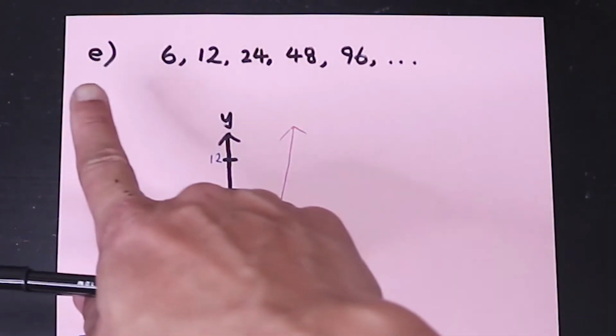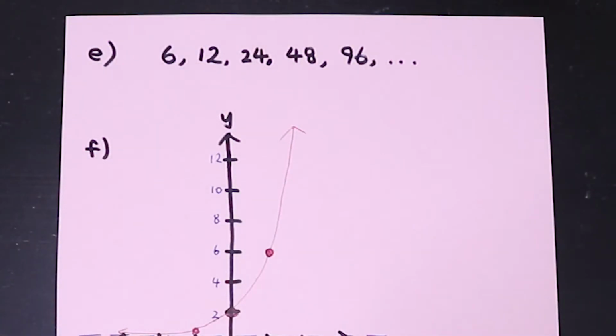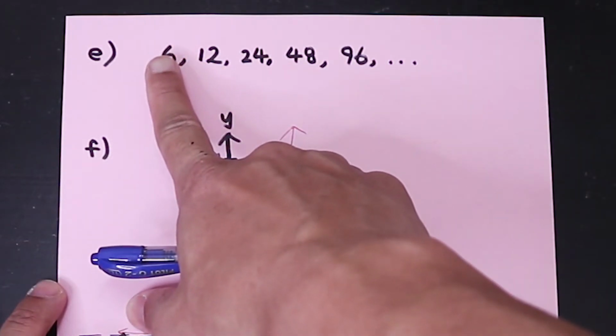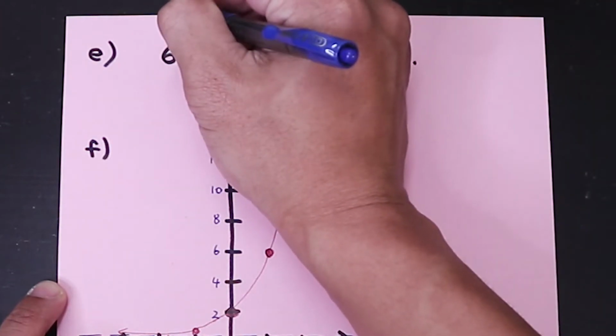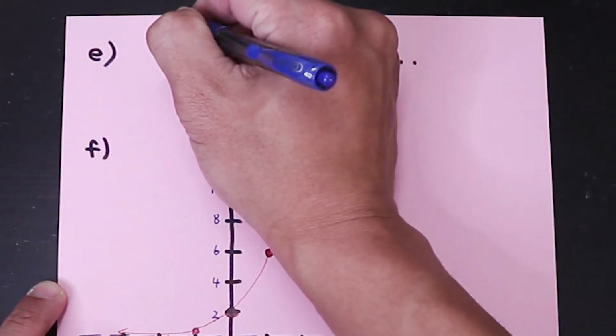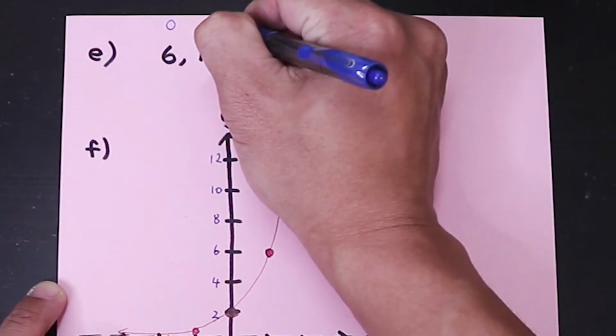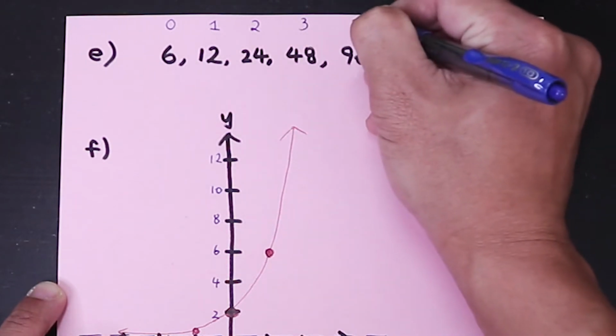In example 1 part E, there's no table and this is not an ordered pair. It's just a list of numbers, and we're going to do the same thing here. Since you have 5 numbers, we're going to call the x value, or the first term, the 0th term. This is the first, this is the second, this is the third, this is the fourth.